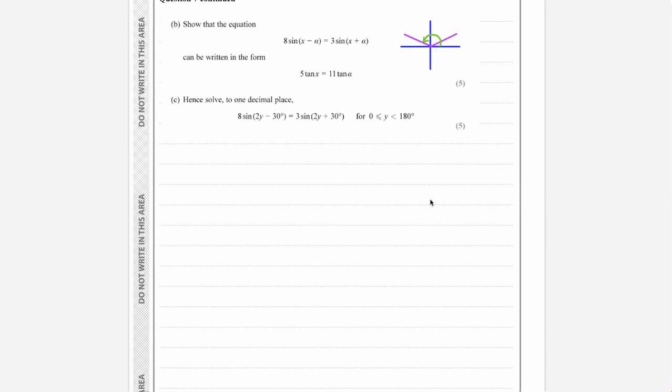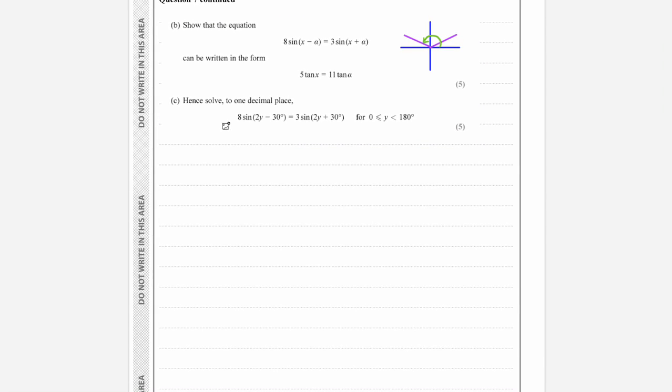So in this situation, x is 2y and alpha is 30. 2y is x and this is alpha, because it's 8 sine(x minus alpha) equals 3 sine(x plus alpha). So then I can change this. This is why it's a hence question, guys. I can change it into this.